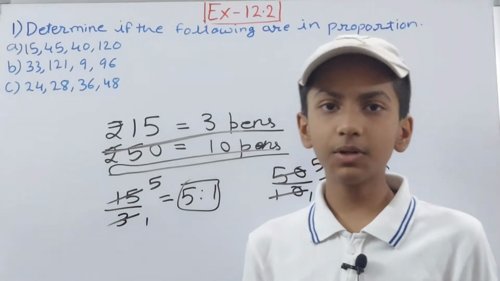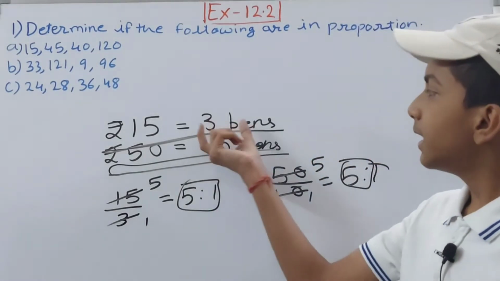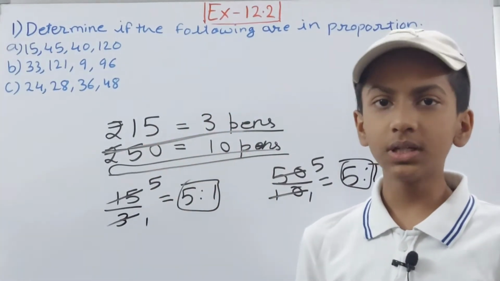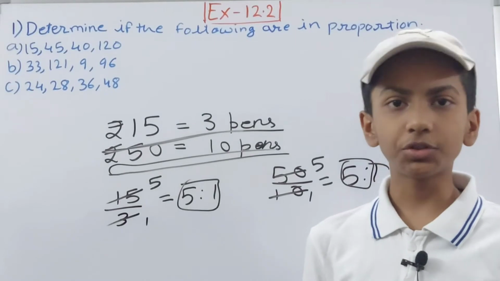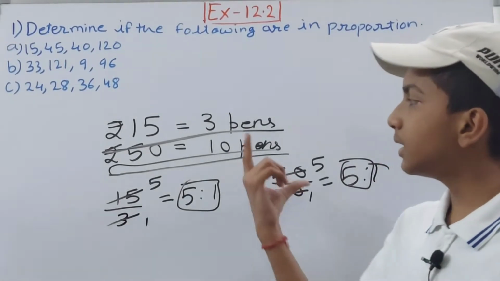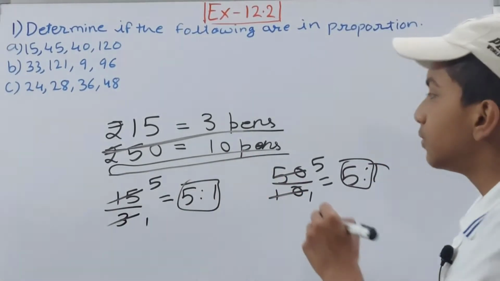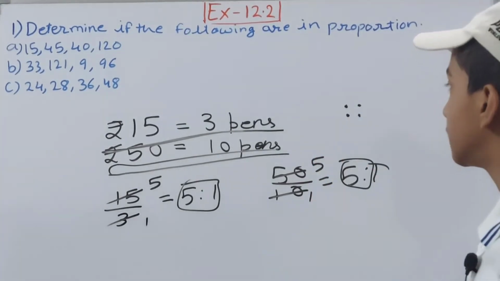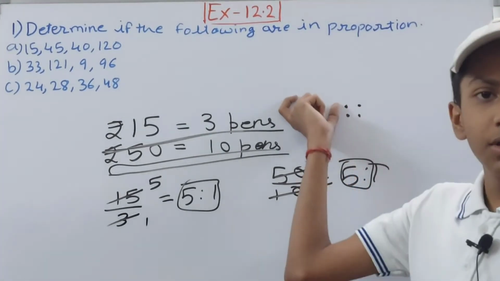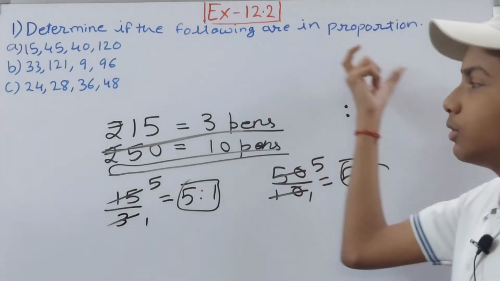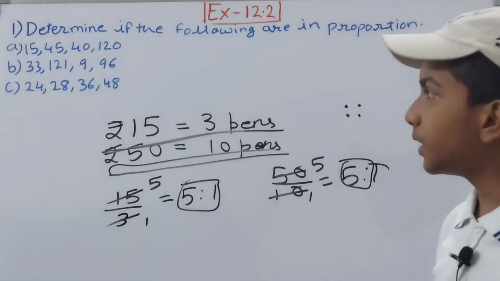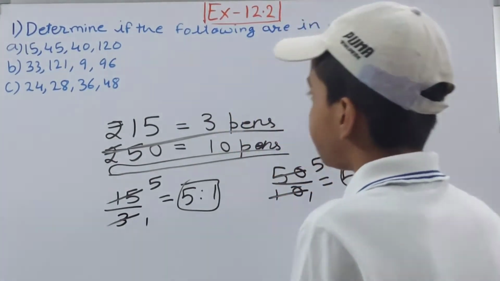Also you can do this in one way, that is by taking out the cost of one pen, but we don't have to do that here since we are using proportion. So this is how we do it, right? And also we will use this sign to represent the proportion. So to the left you can write one ratio and to the right you can write another ratio or quantity, right? So let us start.